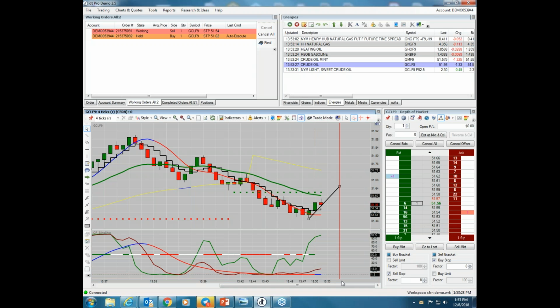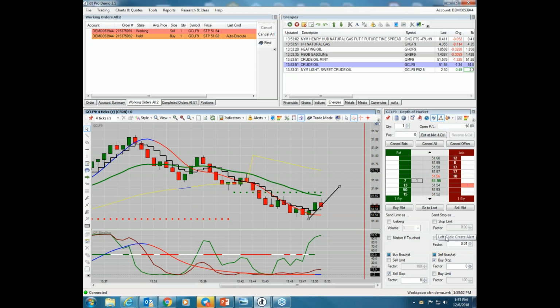Can I place a buy stop order? Yes, absolutely. That's what I have here right now. I have a sell stop working. I only have a sell stop working. Yes, you can. You can also have a sell stop limit, so you're not accepting any slippage. See here, this little button on DT Pro.